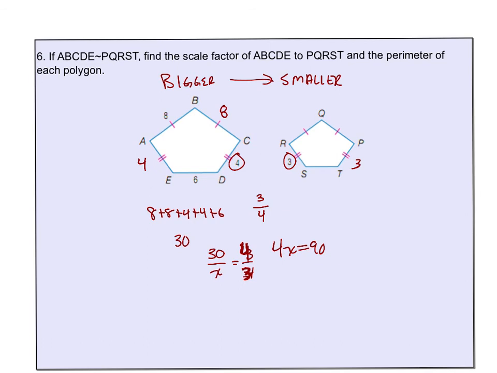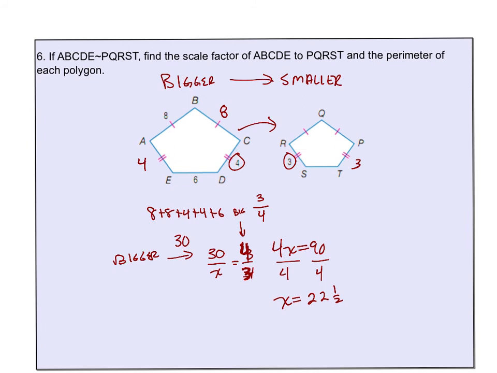So how do I know that? Well, I know I'm going from bigger to smaller. But when I set up my proportion, I need to adjust. This was from the bigger shape, so this needs to come from the bigger shape. That's how I solve that. So I divide, and x should equal 2.5.